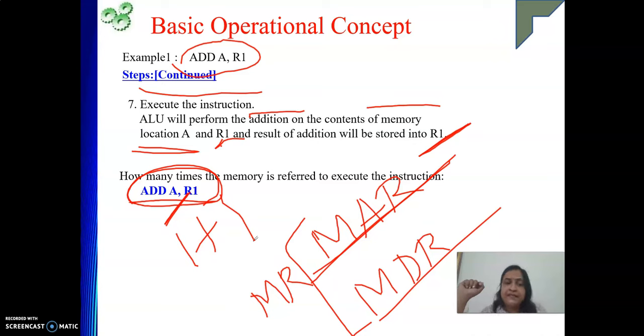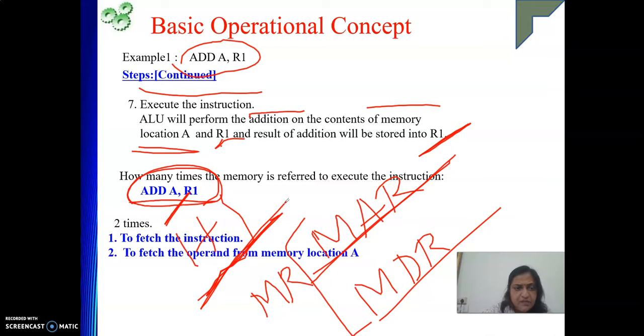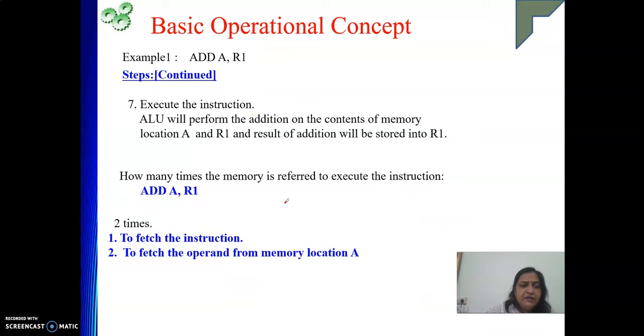Where is R1? Inside the processor. So no need to go to memory. So as a whole, this instruction will take two memory references. Hope it is clear. So this one is clear: to fetch the instruction and to fetch the operand from memory location A.